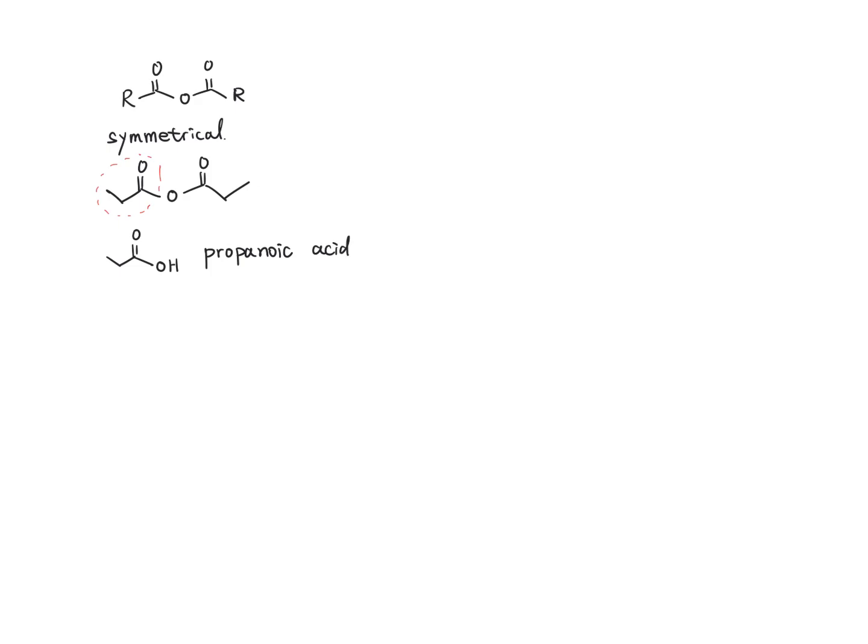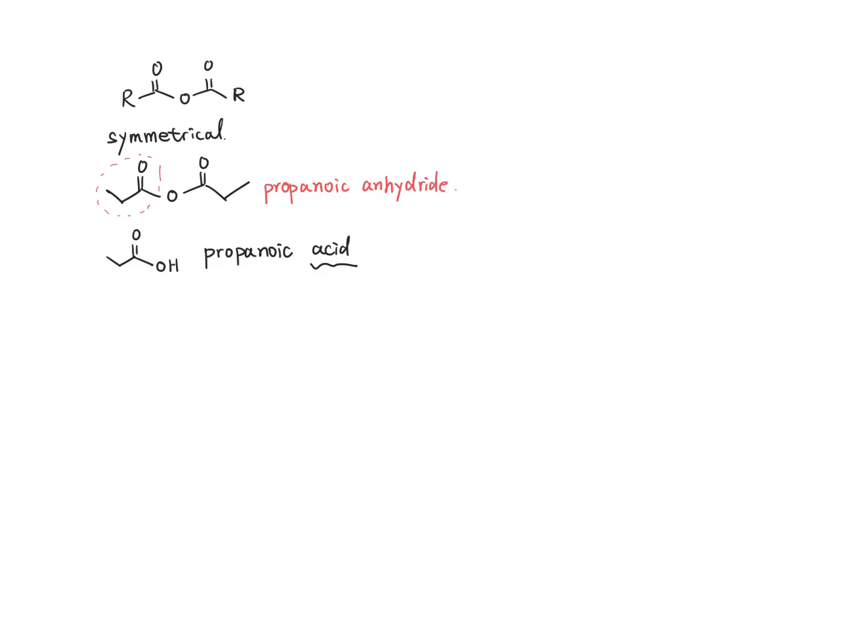So then what we are going to do is change the acid to anhydride. Why? Because two propanoic acids dehydrate to form the acid anhydride. So the name here will be called propanoic anhydride.